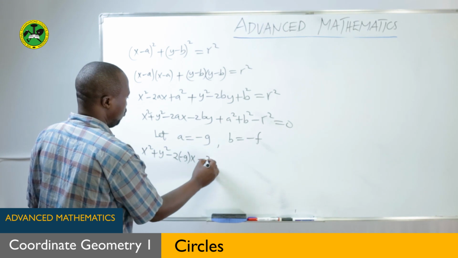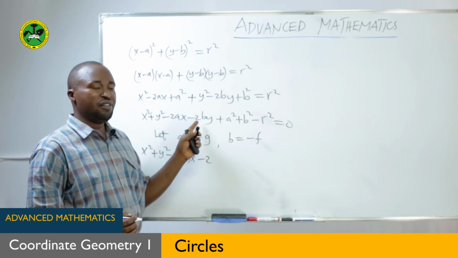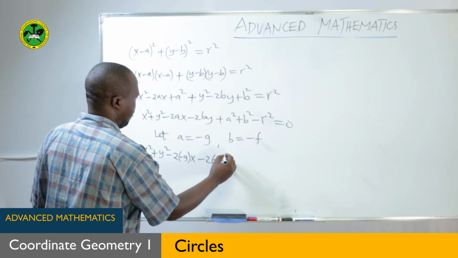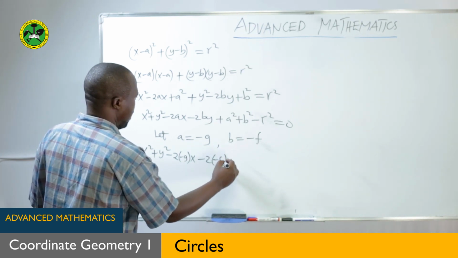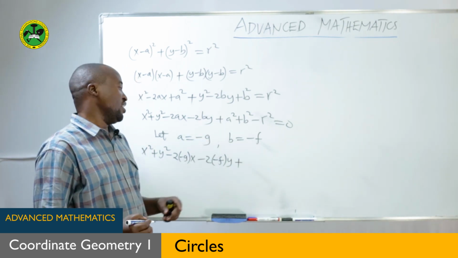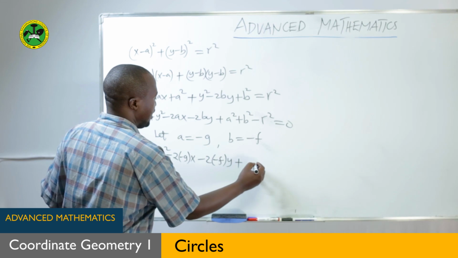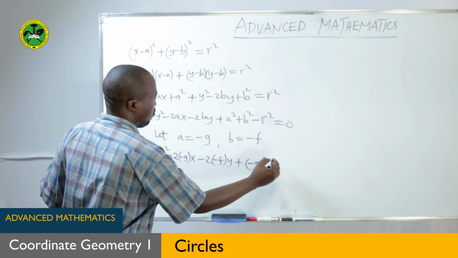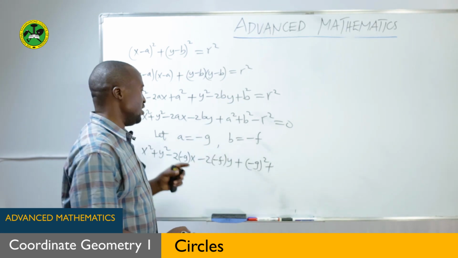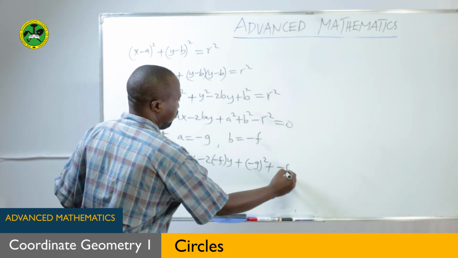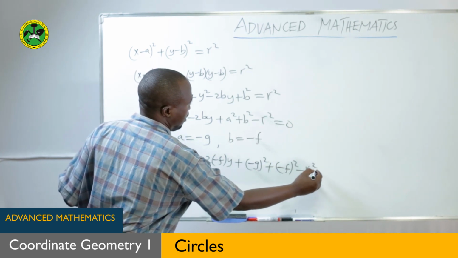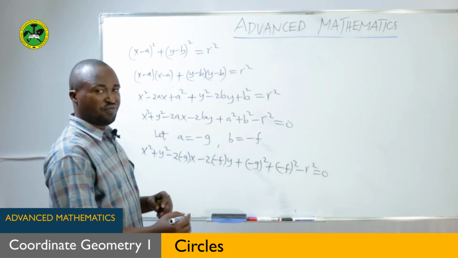Then again minus 2, this time we have b, b is equal to negative f, so we have negative f y. Plus, we have a squared, which is the same as negative g squared. Again plus, we have b squared, which is equal to negative f squared, then minus r squared is equal to 0.